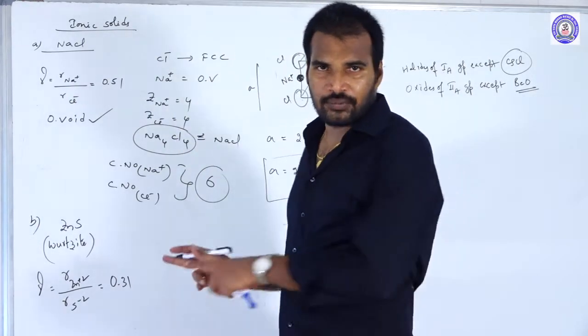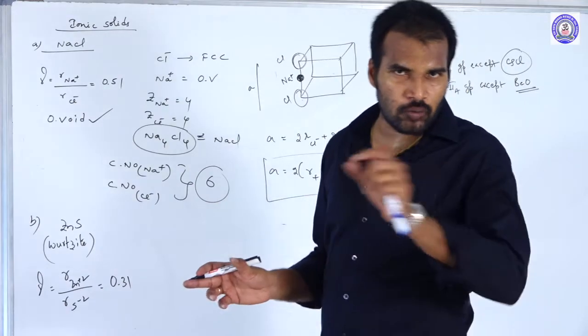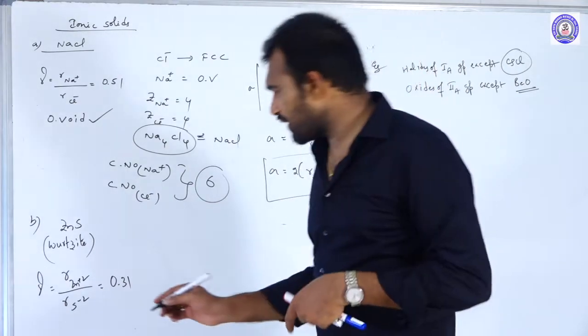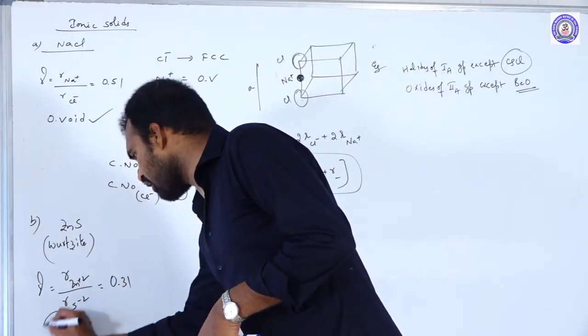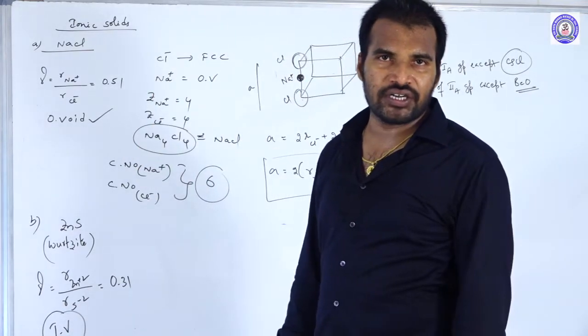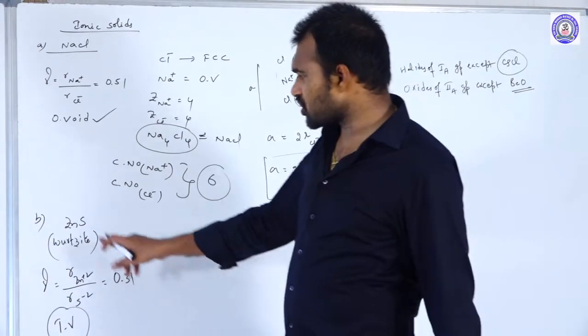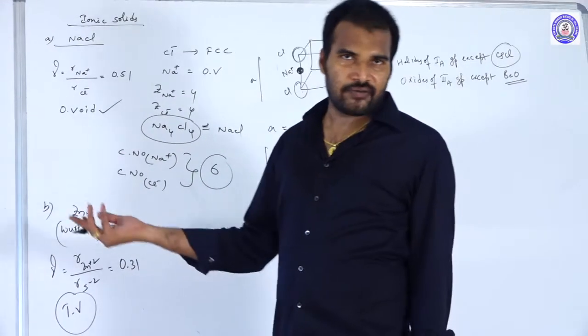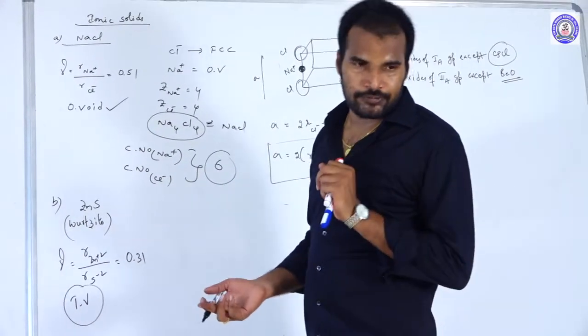That means it is between 0.225 to 0.414. So what type of void does it have? It has a tetrahedral void. Remember that. If it is a tetrahedral void, what is the coordination number? 4. So the coordination number of both Zn and sulfide is 4 only.